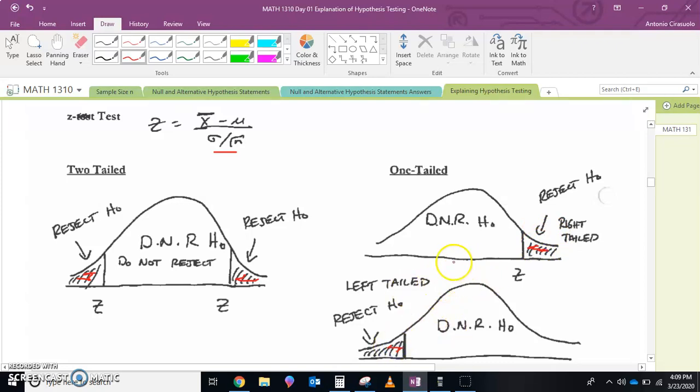In this case, our alternative hypothesis would show that it's greater than, and in the other, our alternative hypothesis would state less than. But what we end up doing is performing the Z test and seeing where this Z value actually falls. If it falls in the non-shaded area, we do not reject the null hypothesis. If it happens to land in any of the shaded areas, then we reject the H naught hypothesis.